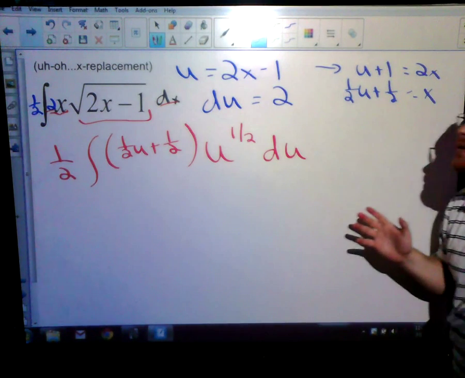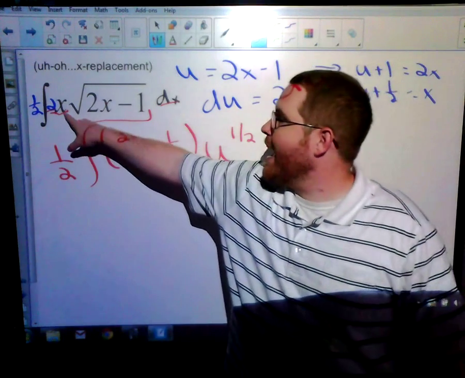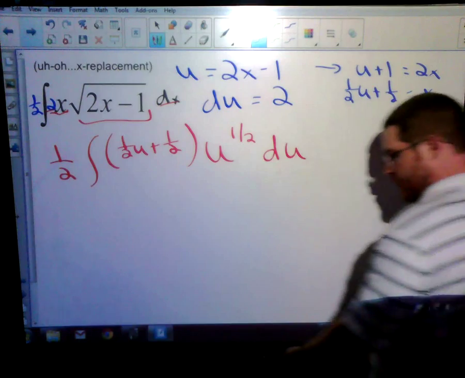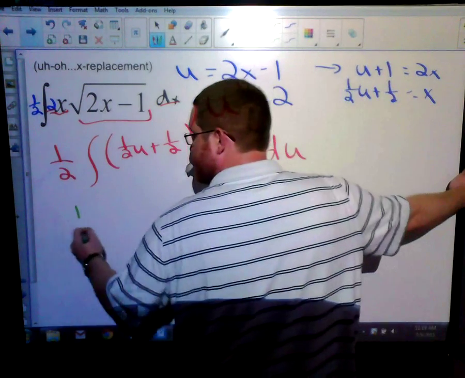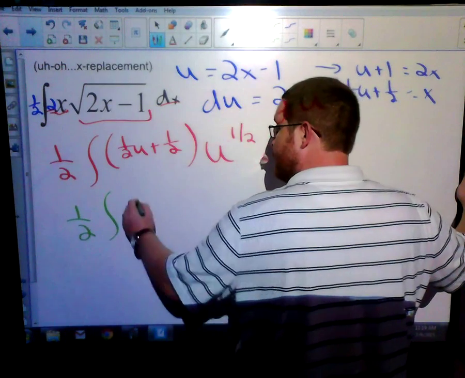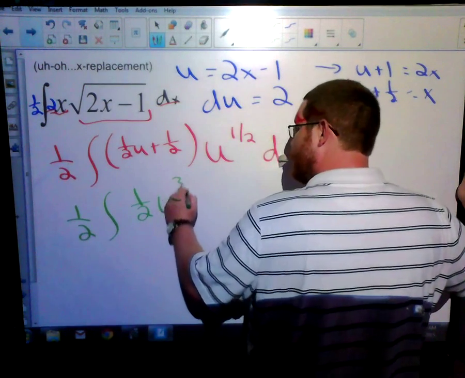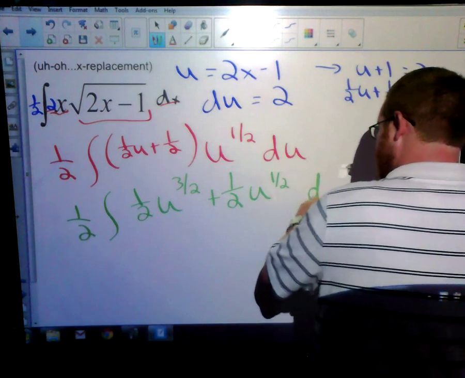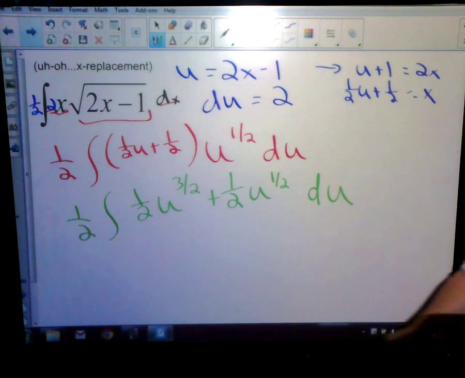So what did I do? I did my normal process, but I had to replace the x with what it was equal to in u's. Let's multiply in. 1/2 u times u to the 1/2 is 1/2 u to the 3/2 plus 1/2 u to the 1/2 du.